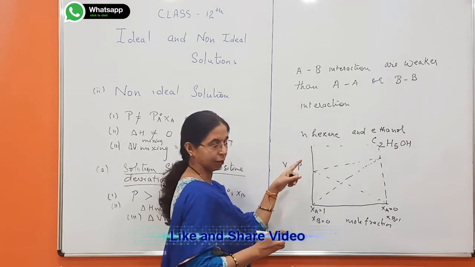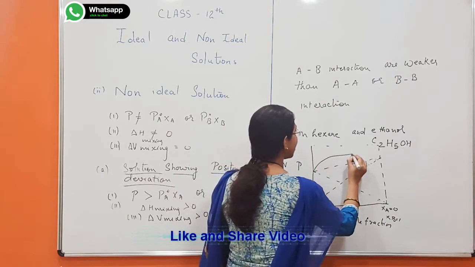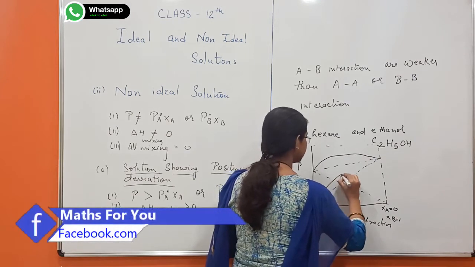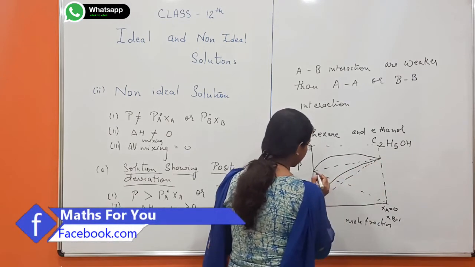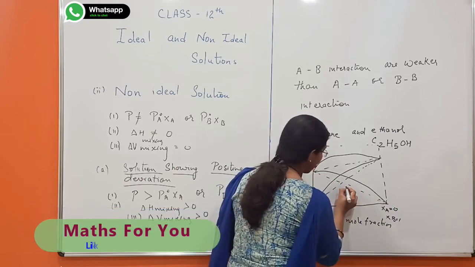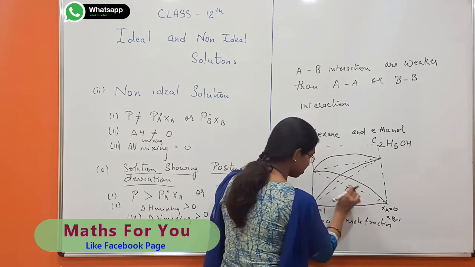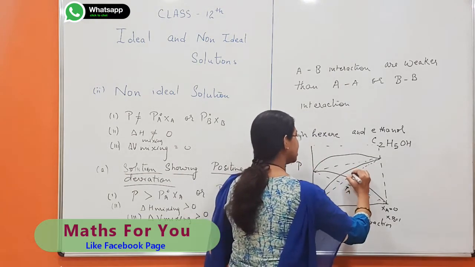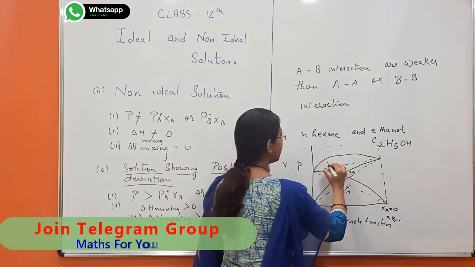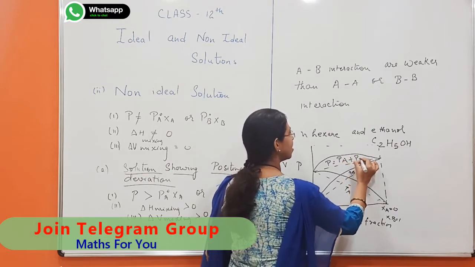This one is the dotted line. Now, with the positive deviation, there is an upward curve. So, this small line is for PA, this one is for PB, and this is for P equals PA plus PB.